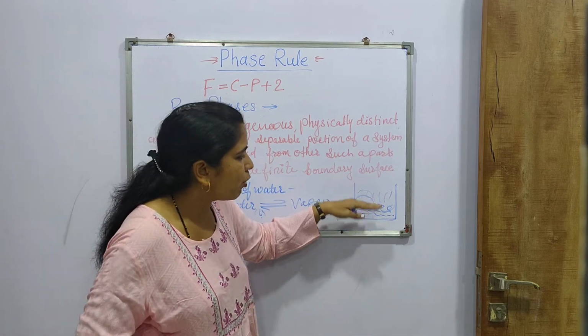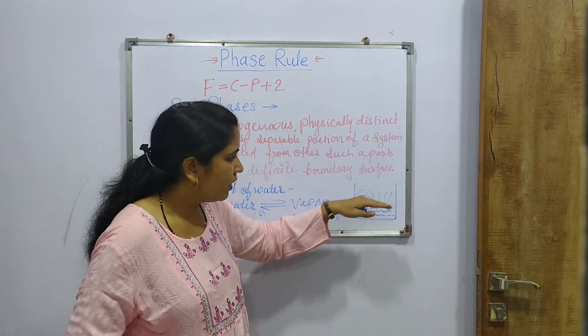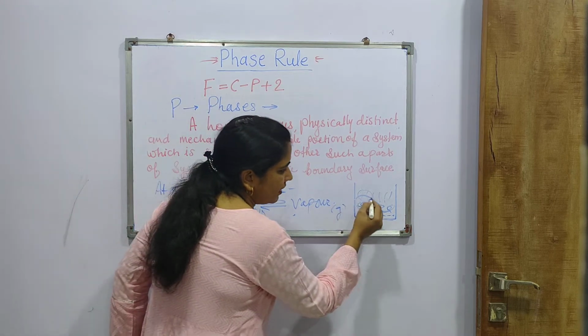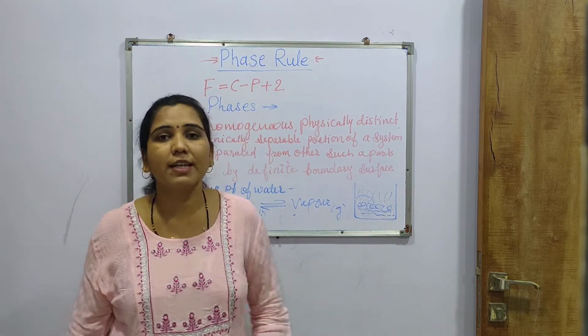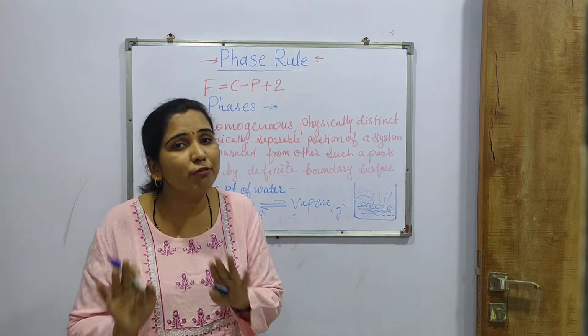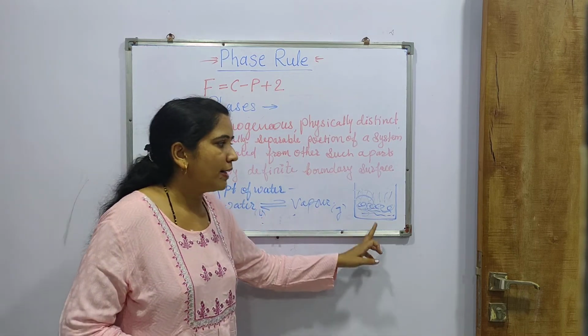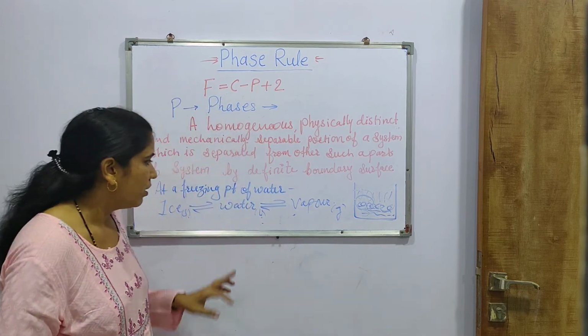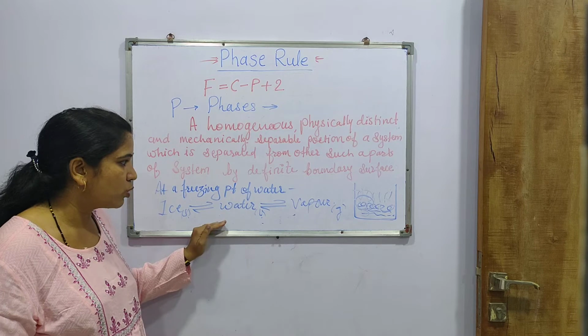So a single state, that is the vapor, the liquid, or the solid, is a single phase. These are the different phases. So at the freezing point of water, three different phases are seen. I hope you understood this.